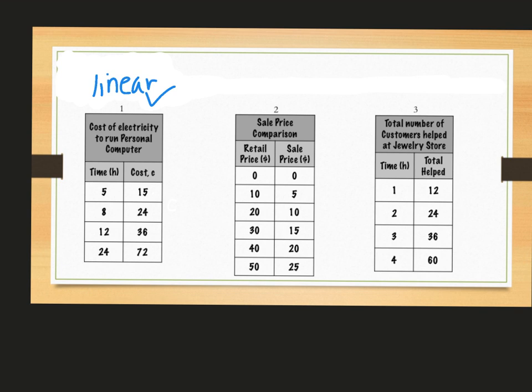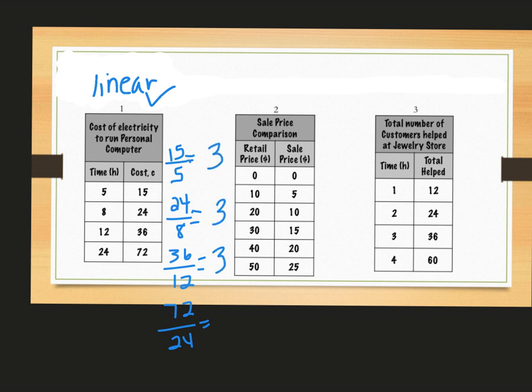So I have 15 over 5, 24 over 8, 36 over 12, and I've got to check all of them, 72 over 24. They all have to be right, but if just one is wrong, then everything else is wrong. Okay, so 15 over 5 is 3, 24 over 8 is 3, 36 over 12 is 3, and that's 3.